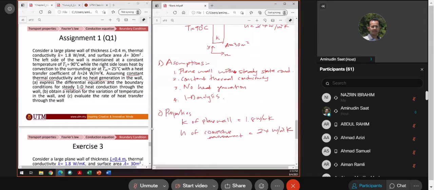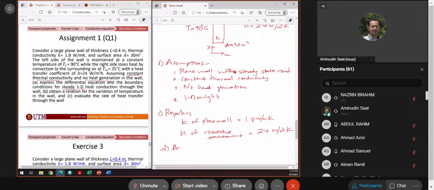In fact, some textbooks do not mention this h value because it represents the convective coefficient of the fluid. But because I think this is part of the thermal properties that you need to know in the problem, you can write it in the properties section.